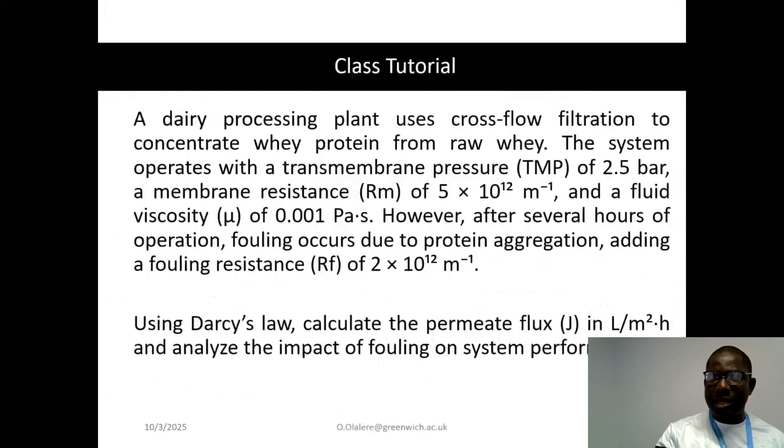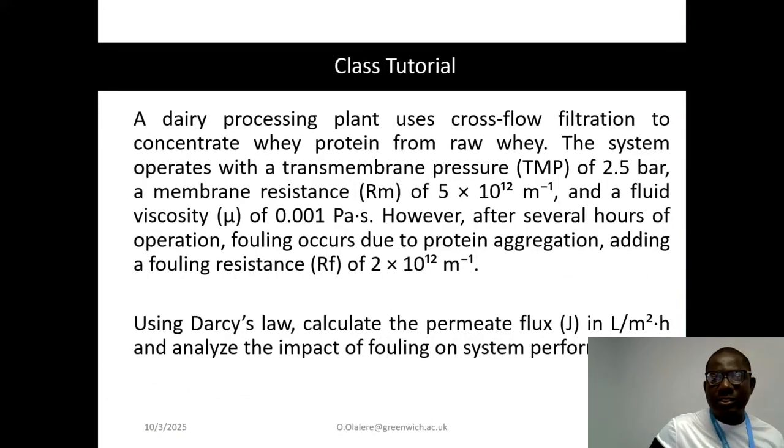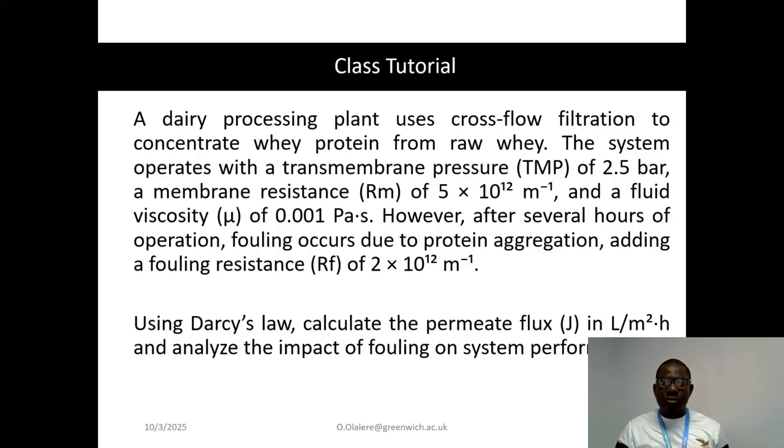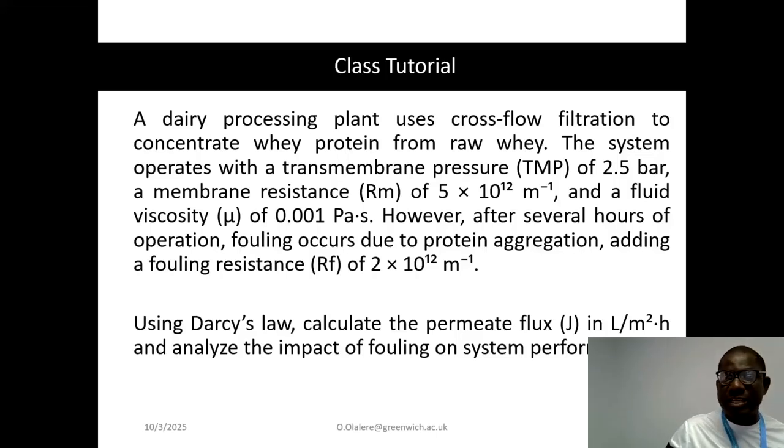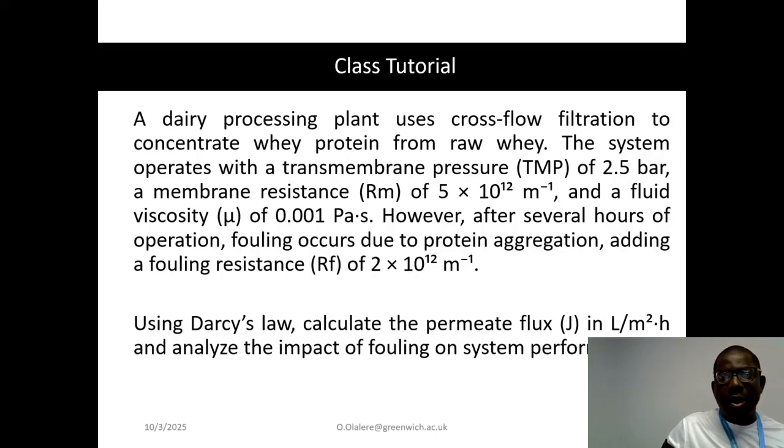Let's look at this. A dairy processing plant uses cross-flow filtration to concentrate whey protein from raw whey. The system operates with a transmembrane pressure, TMP, of 2.5 bar, a membrane resistance RM of 5 times 10 raised to the power 12, and a fluid viscosity of this.